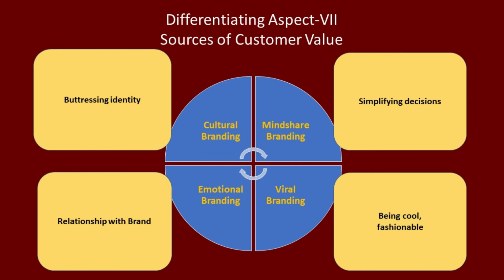The strength of relationship adds value to the branding when marketing activities are based on the emotional branding model. Finally, when the marketing activities are based on the viral branding model, being cool and fashionable adds value to the objective.